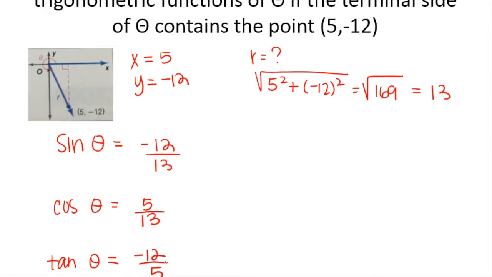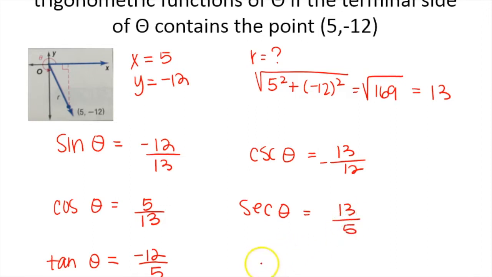Then if we look at each of the inverses, we have cosecant of theta, where we're just going to flip this one over, so negative 13 over 12. Then we have secant of theta, 13 over 5, and cotangent of theta, or negative 5 over 12.